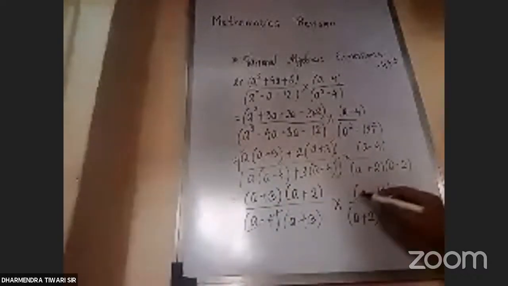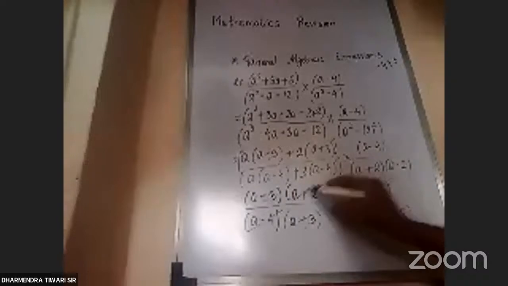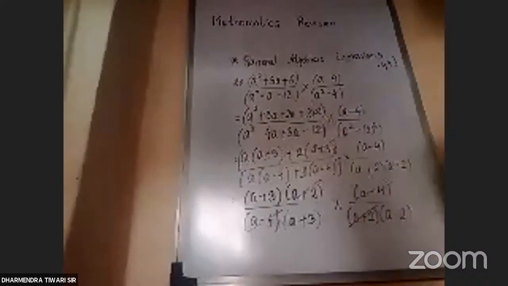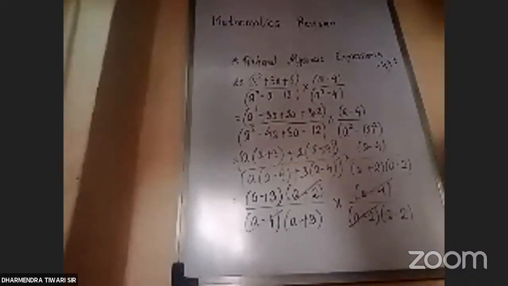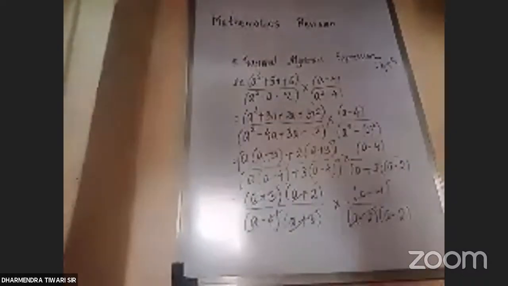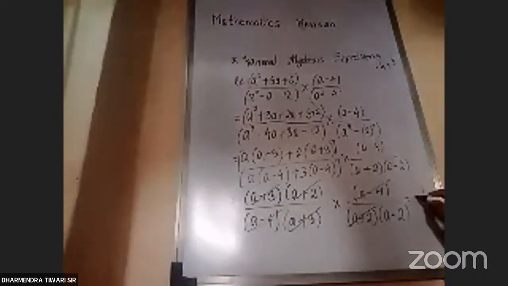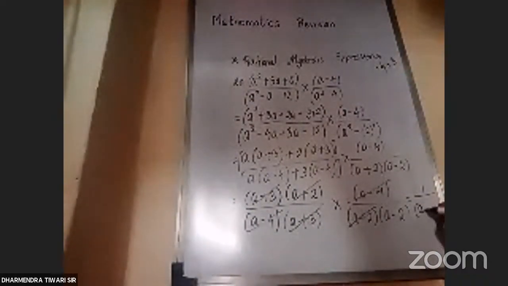A minus 4 cancels. A plus 2, a plus 2, they are getting cancelled. Why? Because they are present in the numerator and denominator. A plus 3 cancelled. What remains at last? We can see only 1 upon a minus 2.